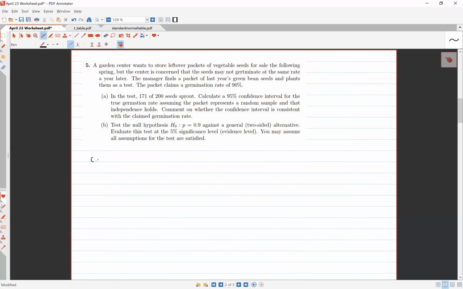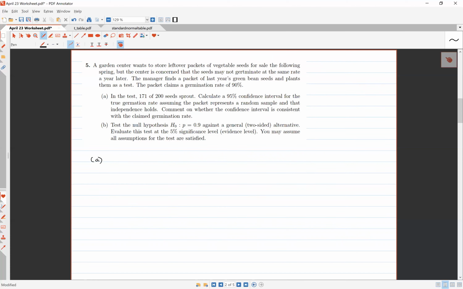So part A says, in the sample, 171 of the 200 seeds sprout. And based on that, we want to calculate a 95% confidence interval for the true germination rate. And the rest there just says, we can assume that the packet represents a random sample, that independence holds. You know, you should make sure that you know all the assumptions for the different tests, but here we're not going to check them. We assume that they are valid.